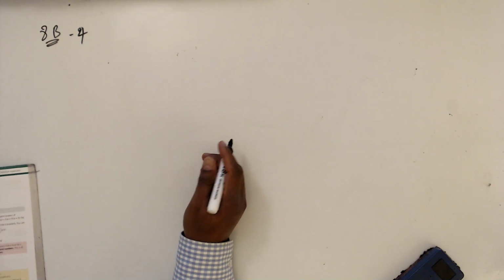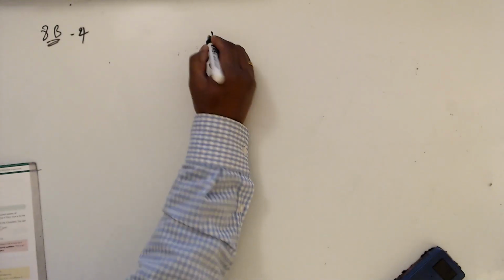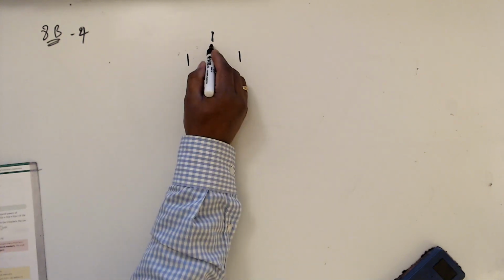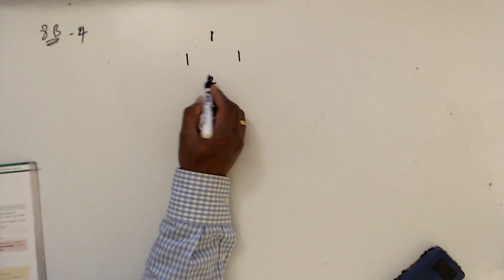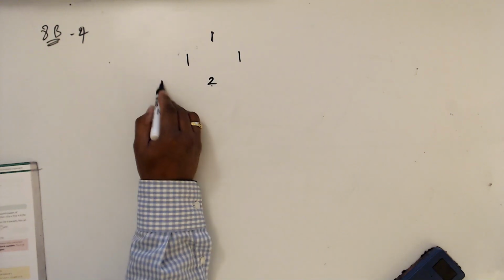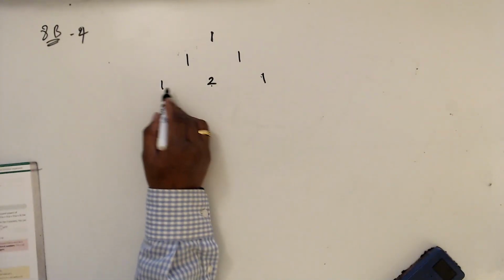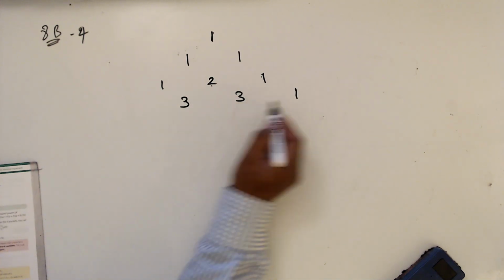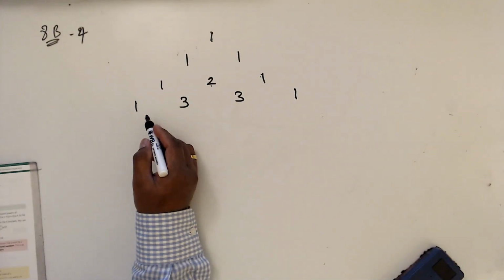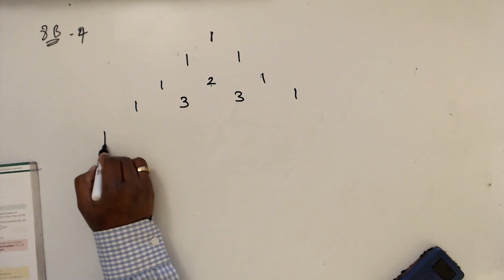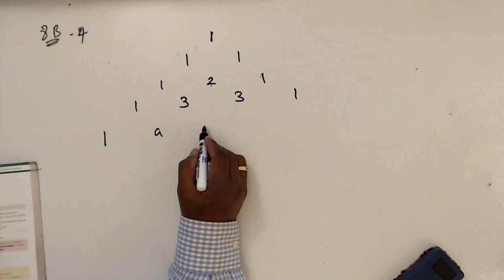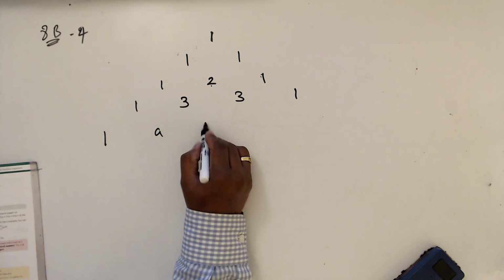Pascal triangle. We start with 1 and 1. Then underneath this will become 1 plus 1, 2. Then 1 plus 2, 3. 2 plus 1, 3, and 1 and 1. And then 1. Then this is going to be A. Then 3 plus 3, 6.